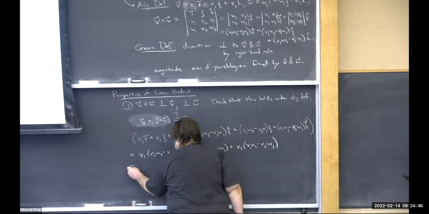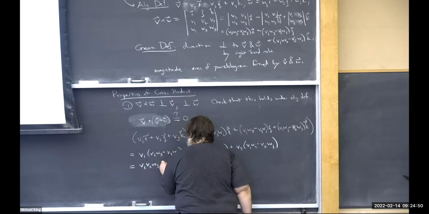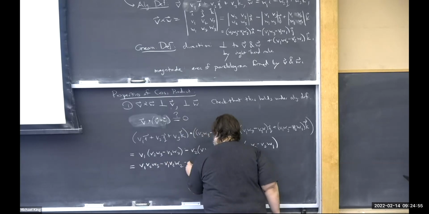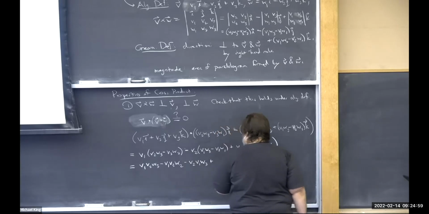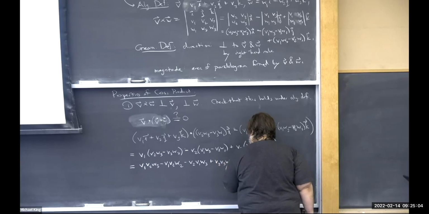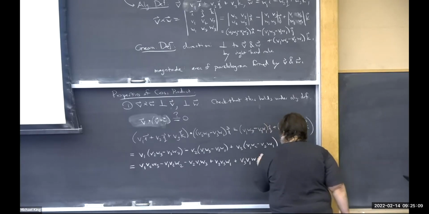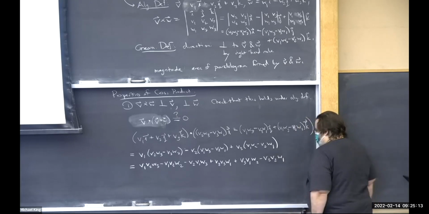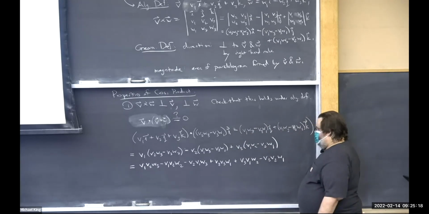Okay, so I'm just going to start multiplying this out. We're going to get 6 expressions, right? It isn't the most fun thing in the world, but it's not bad. This is 6, like super random.